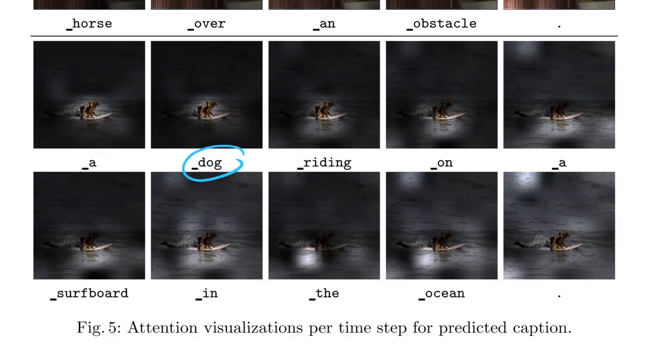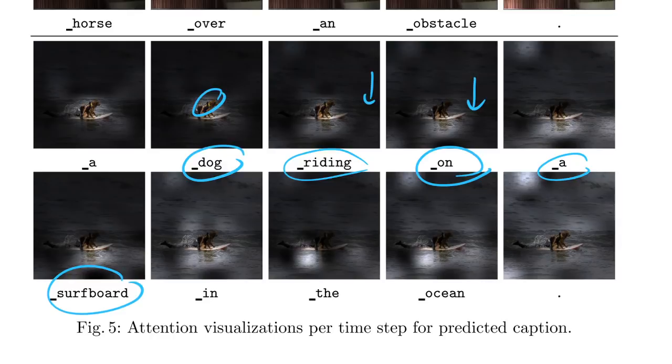A dog, so focused on the dog, riding on, and then you can see the attention going down because riding on means probably there's something below the dog. A surfboard, now the attention is fully on the surfboard. In, so as soon as you say in, the attention, as you can see, widens out.